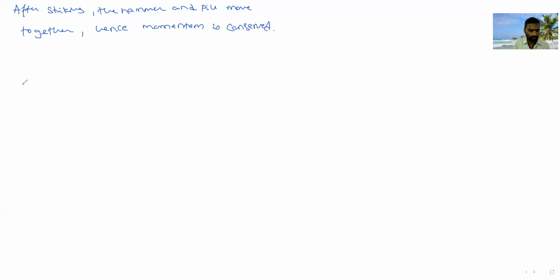Therefore, applying the principle of conservation of momentum.